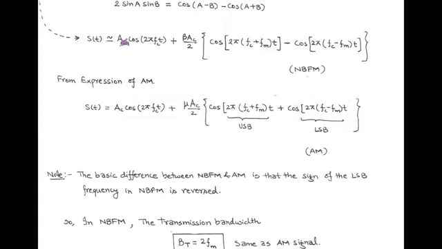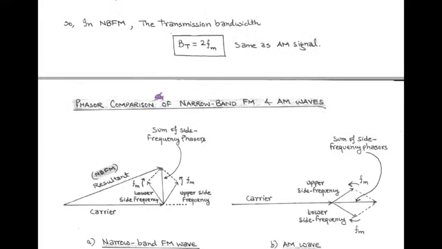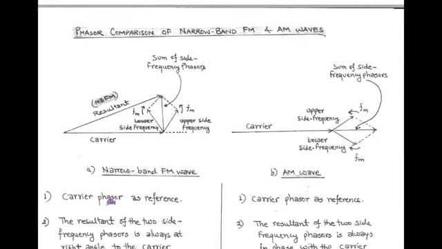But both equations have Ac cos 2 pi fc t as the first term, which means the carrier amplitude remains constant in both narrowband FM and AM. So to represent the phasors, we take the carrier as a reference in both narrowband FM and AM. So this is the first point.